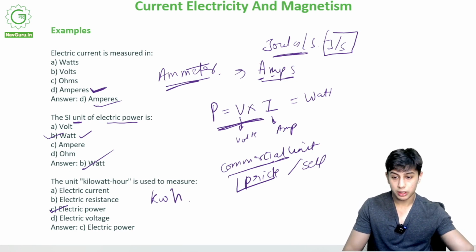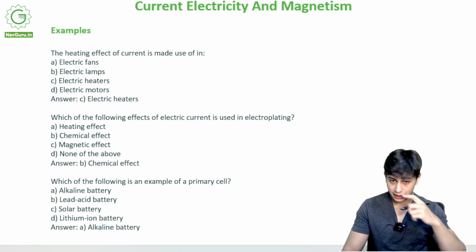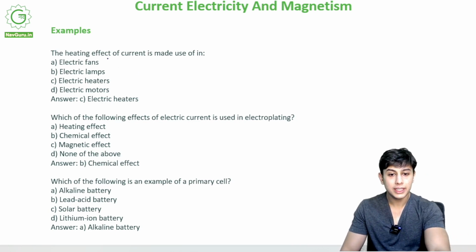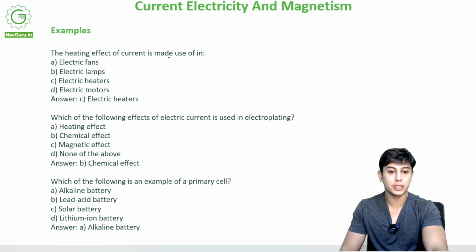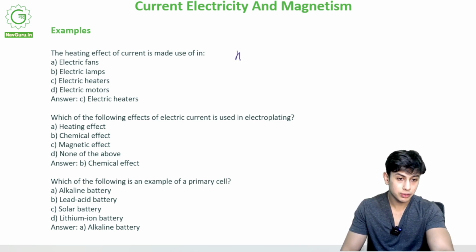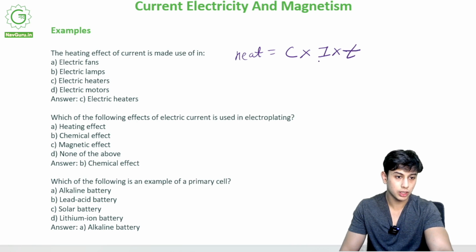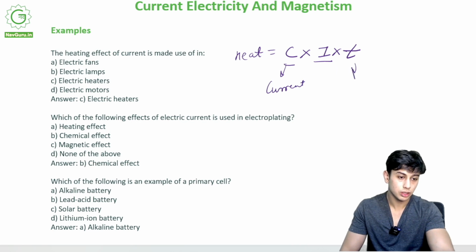Now we come to this. The heating effect of current is made use of in electric heating. If you remember the heat formula, H equals I squared R t: current, time duration and all.